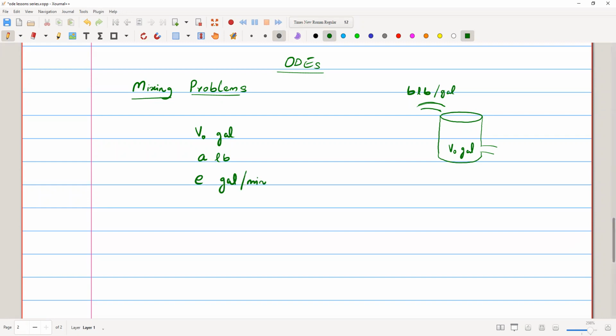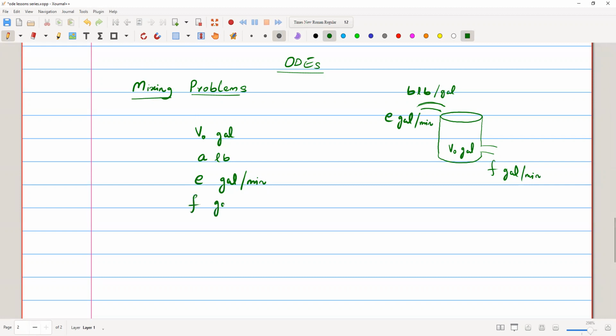So this is the rate at which the solution is entering the tank. And simultaneously the well-stirred solution leaves the tank at the rate of F gallons per minute.